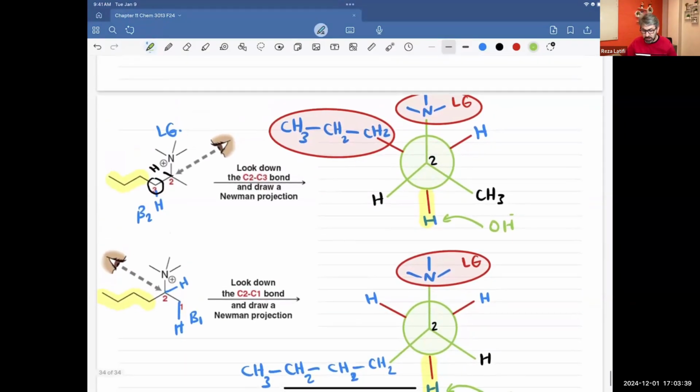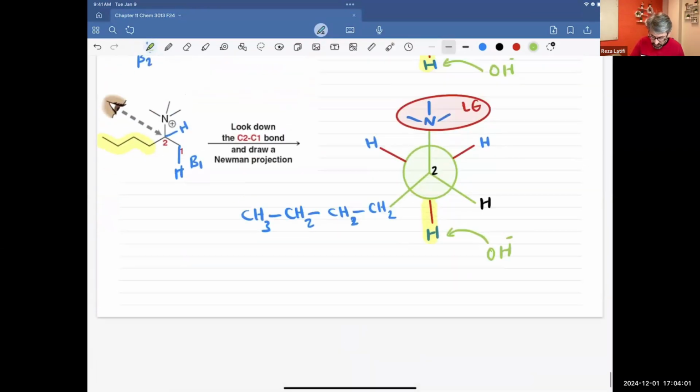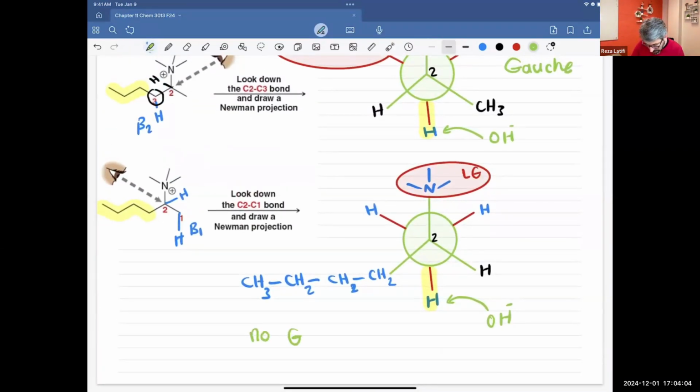What's the problem here? Number one, if we take hydrogen from carbon number 3, we will have gauche interaction between the leaving group and the propyl group. Whereas if we take hydrogen from the terminal carbon, we are not going to get any gauche interaction.